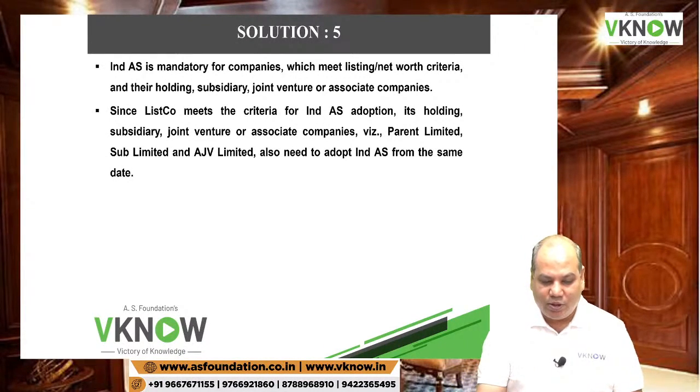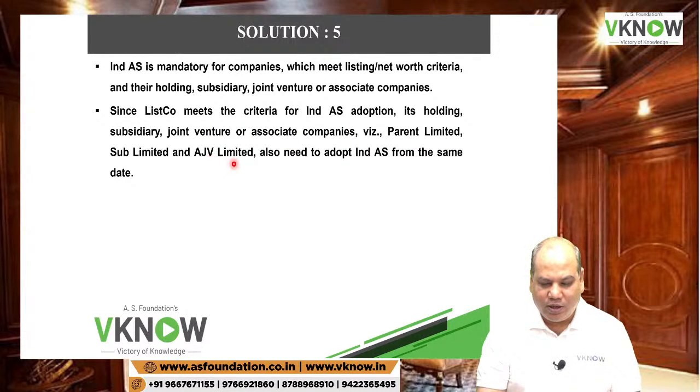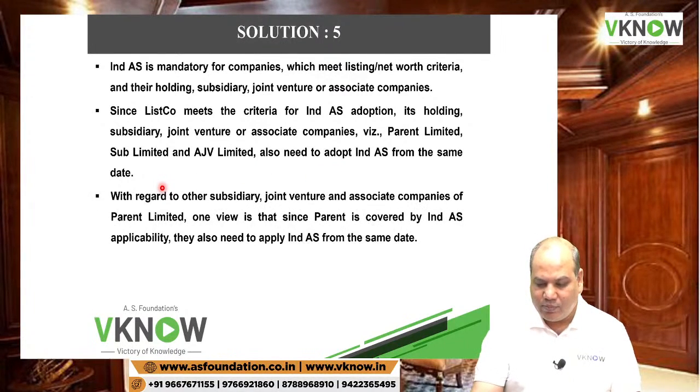Since the listed company meets the criteria for Ind AS adoption, its holding, subsidiary, joint venture and associate company, namely Parent Sub Limited and AGV Limited, also need to adopt Ind AS from the same date. That is simple.